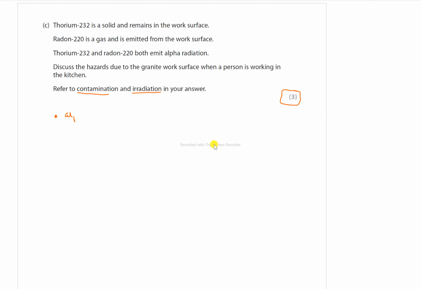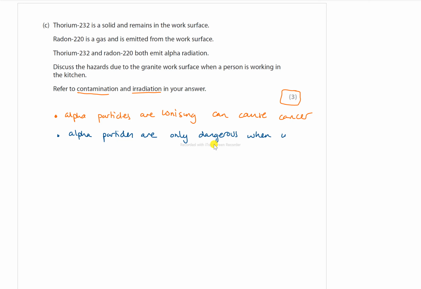Right. We know alpha particles are ionizing and can damage cells and can cause cancer. Right, we know that. Alpha particles are only ionizing or dangerous when inside the body.